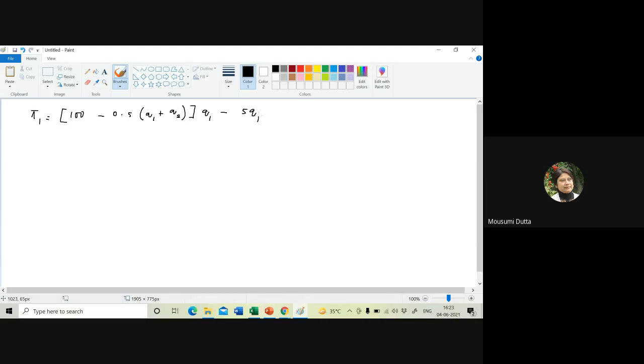This is pi 1. My cost, because I am not producing your output, I'm producing only my output, so my cost equation will come here. So please adjust the equations a bit. Please check whether you are also getting this.